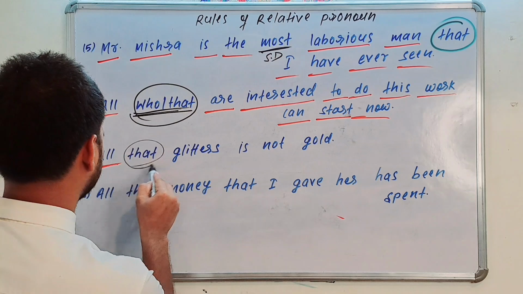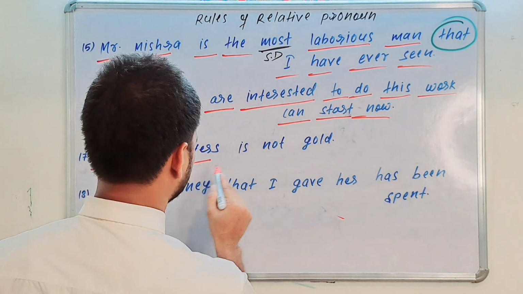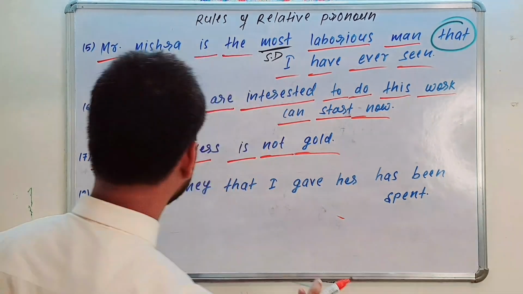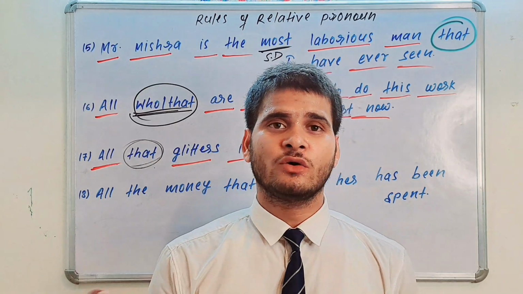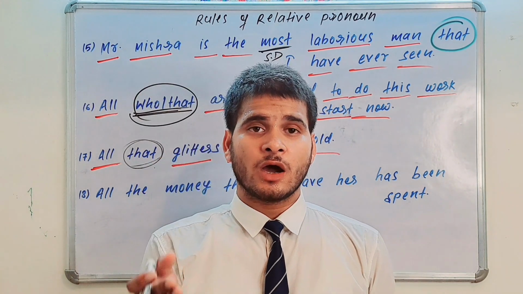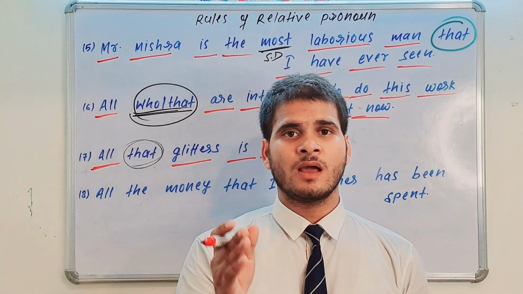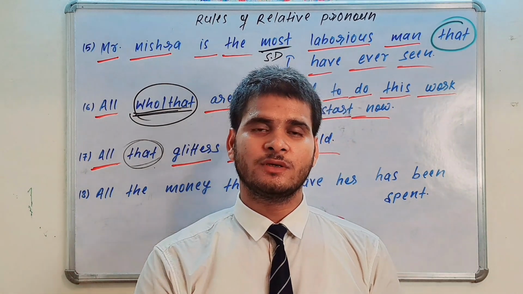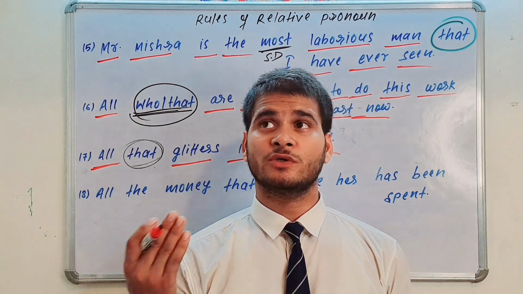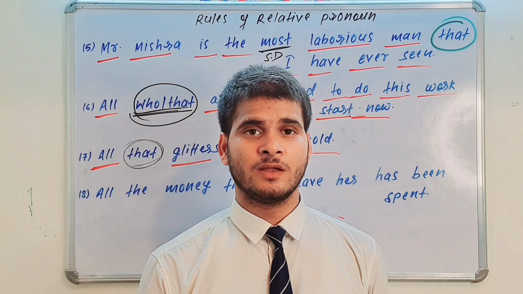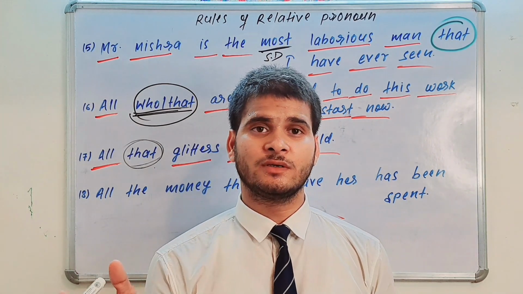All that glitters is not gold. What I told you in the fifth rule: if the word all is used only for persons, then the relative pronoun who or that is used after the word all. But if the word all is used for something or anything, not for a person, then only the relative pronoun that is used after the word all.